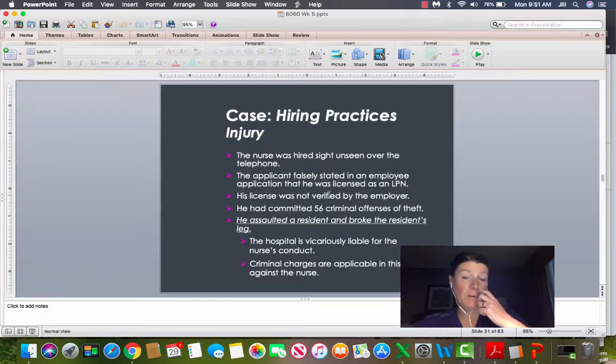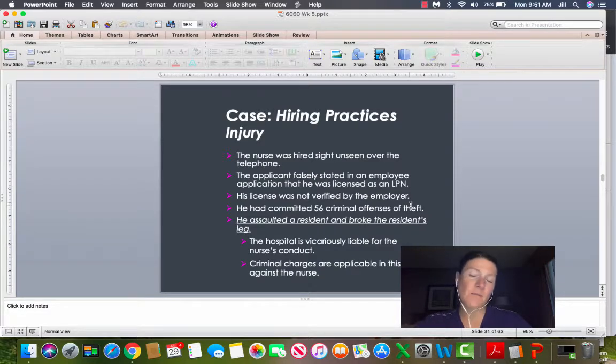Now, there may be people who would argue, would criminal offenses of theft drive us not to hire a person, because would we see that this would happen in the future? Well, if they've had 56 criminal offenses of theft, they're probably not a good candidate for hiring.